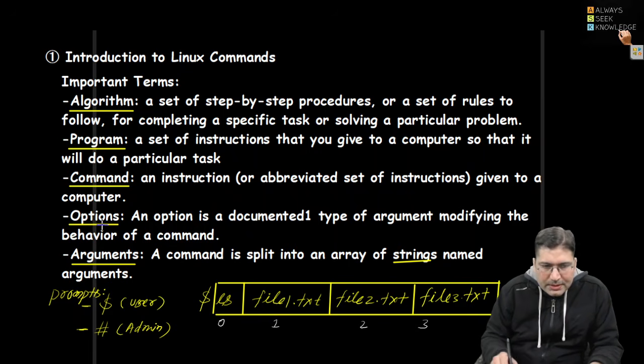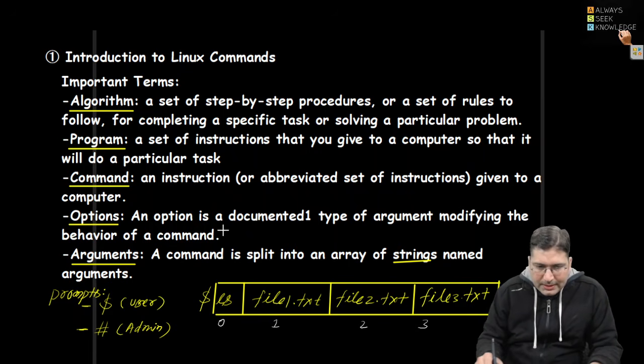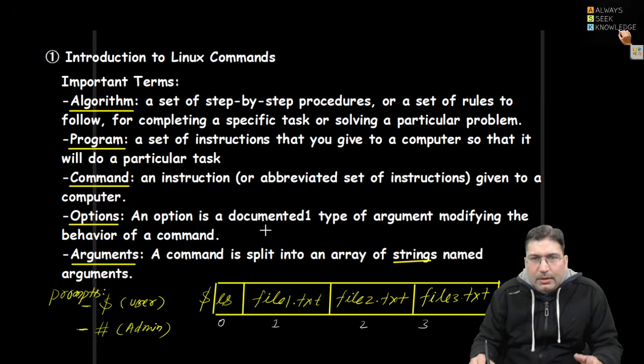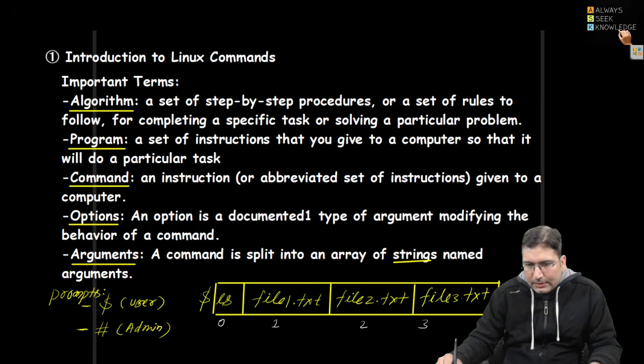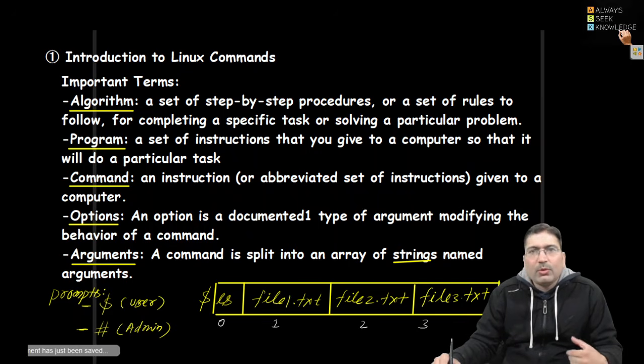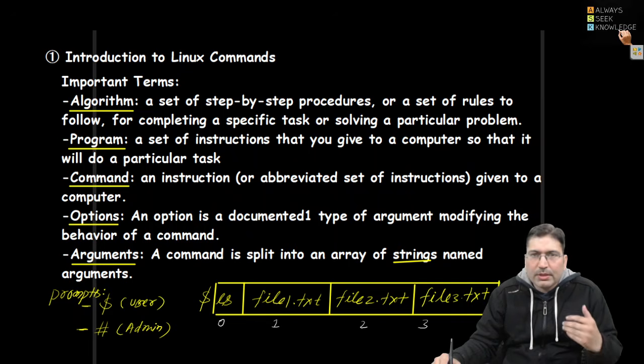Now what are the options then? Options, as I have mentioned here, are the documented arguments. So let's say in ls, when we run ls, we can set a number of arguments. Like the a argument will display all possible files. It will also help you to see the hidden files in your system.